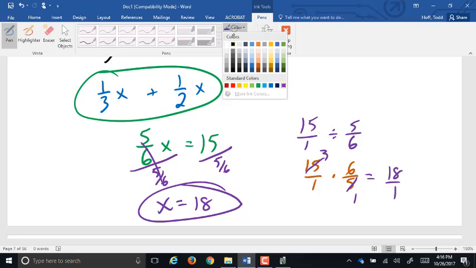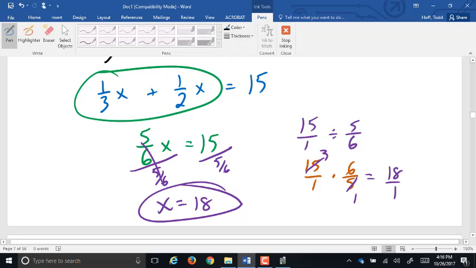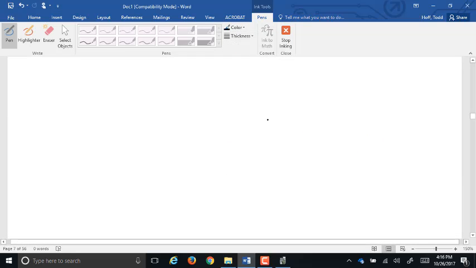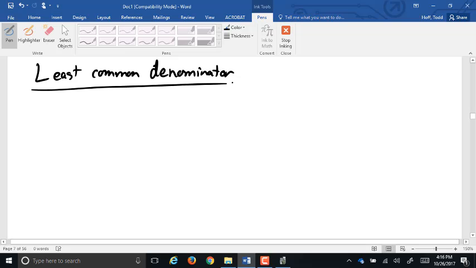But there is another way we could have done that. We could have done a least common denominator. Now remember, a least common denominator is the same as a least common multiple, only we're looking at the denominators of a fraction.